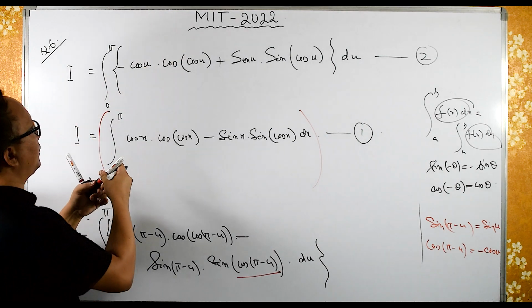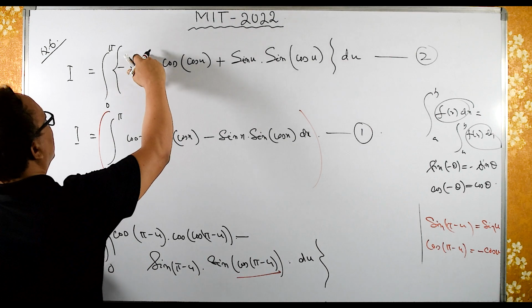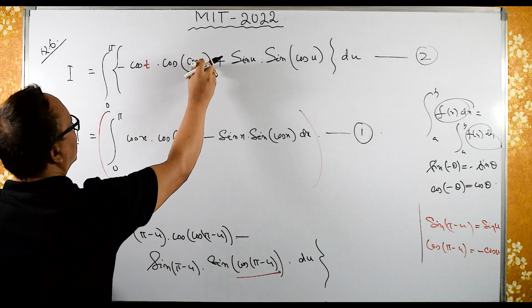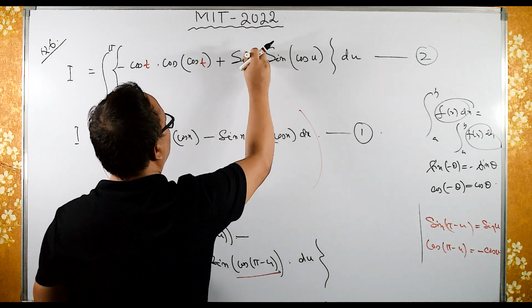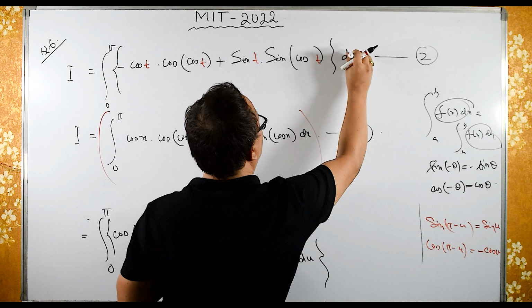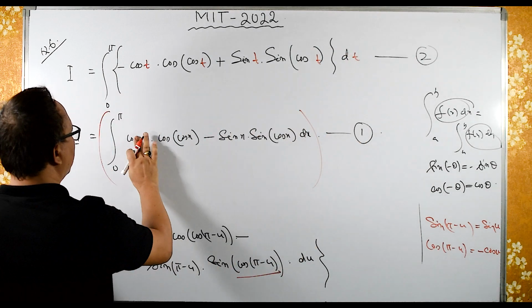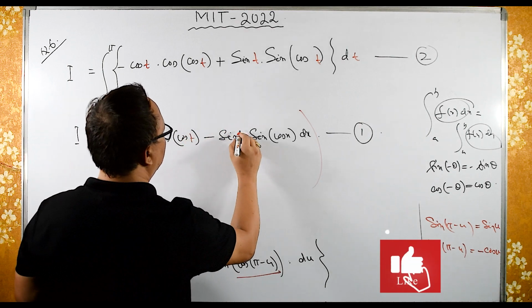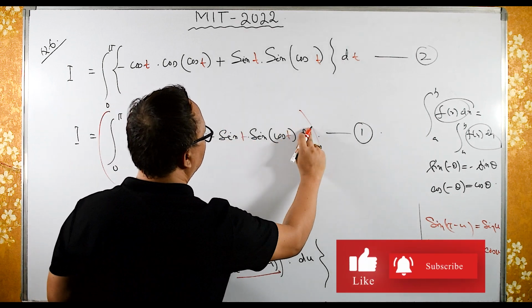Consider some variable t, and write everything in terms of t: here t, here also t, here dt. Similarly, cos of t, here t, here t.